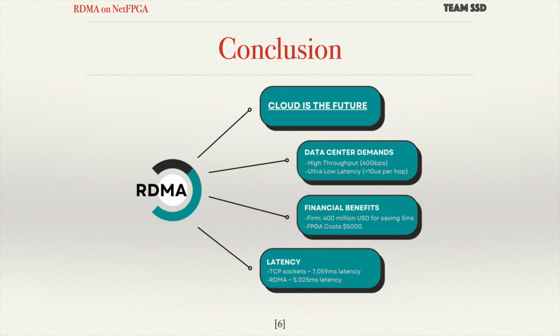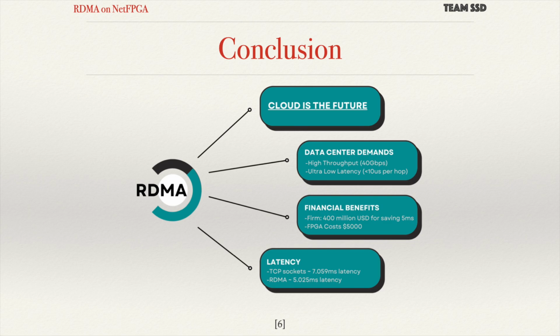Another thing that is going to make our solution very lucrative is the fact that it can easily be deployed on FPGA boards. And right now the market price on an average of FPGA boards is 5,000 USD. So when you compare that to $400 million for 5 milliseconds, it goes on to show how our solution is economical, viable, scalable, flexible, and is also presenting the results that are required.